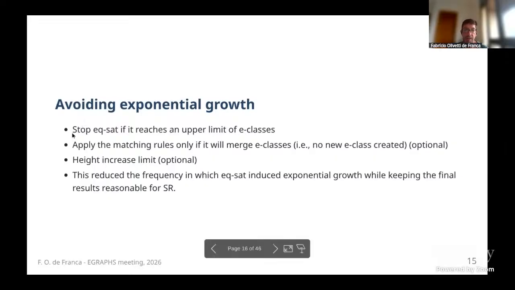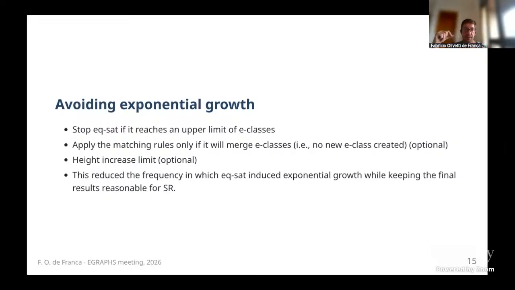One of them is that I imposed an upper limit. This is parameterized in the algorithm, but I impose an upper limit for the number of e-classes that the egraph can hold. So imagine that I'm running equality saturation.